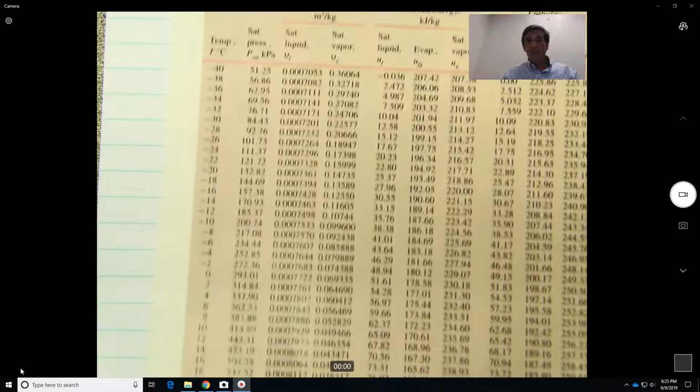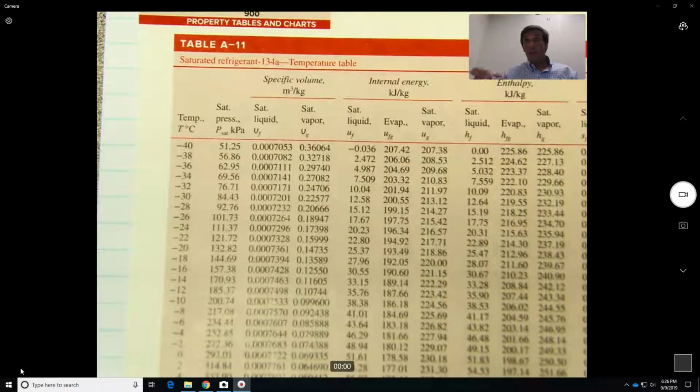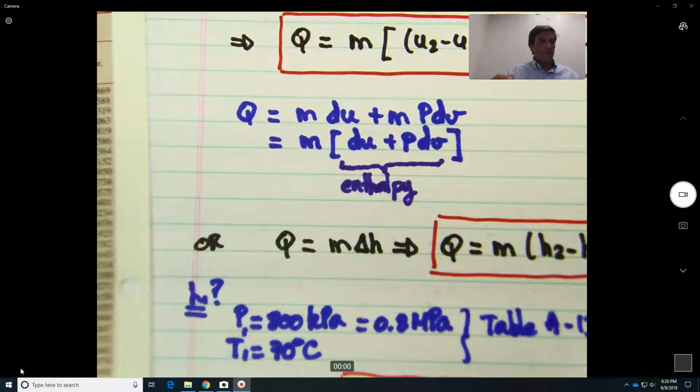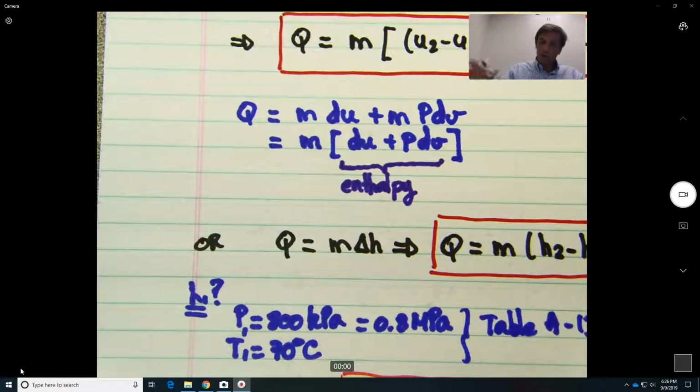So the enthalpy in this case should be equal to what? Let me do a small figure over here. Okay, so we don't have the tables for over here, but we have the tables between this point and this point.